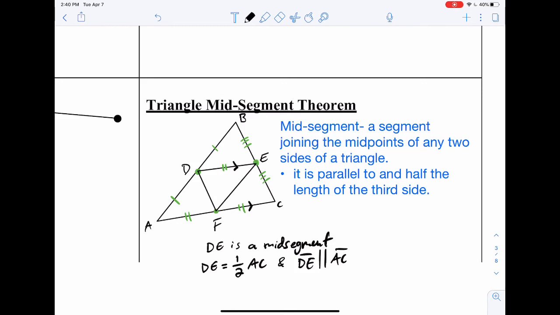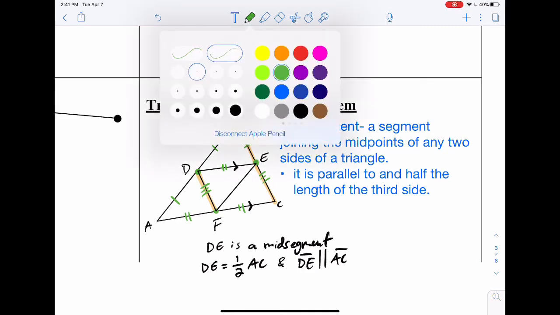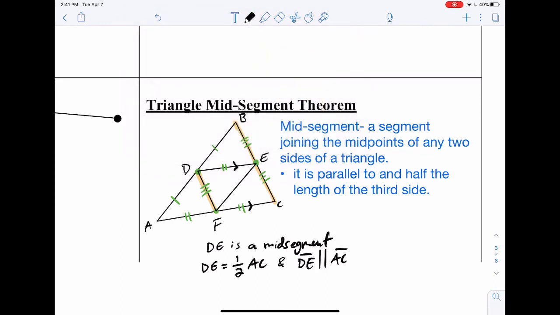Now if you notice, DF is also a mid-segment, and the third side would be BC if we're looking at DF as a mid-segment. So I can add 3 tick marks to that to show it's half of BC, and I can add parallel arrows because it's parallel to that side.